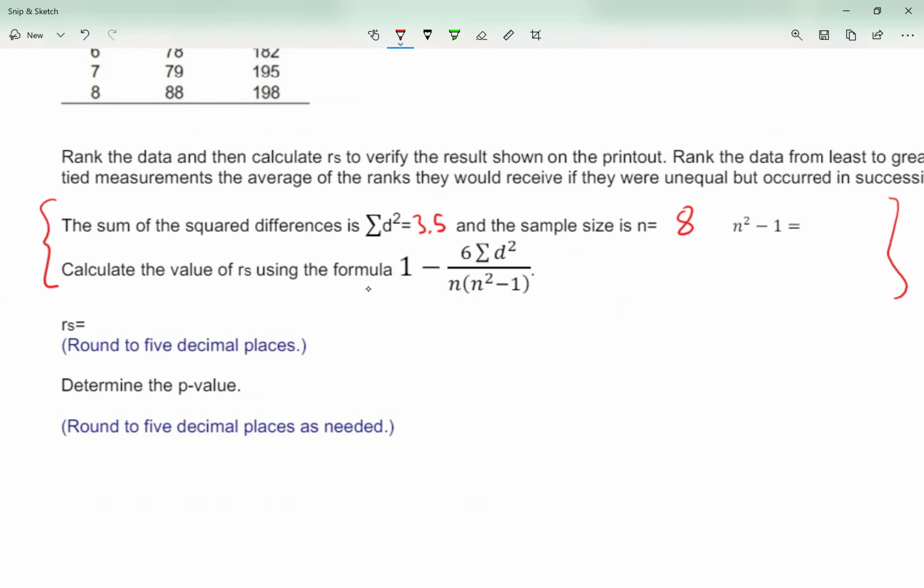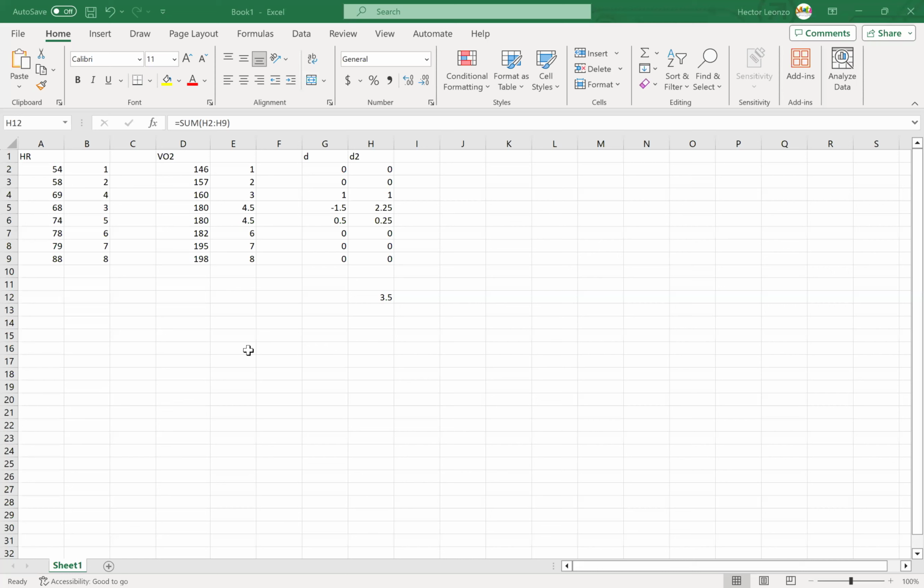Then I'm going to use a calculator. In fact, I'm going to use Excel as my calculator. So I'm going to go equals 1 minus, and I'm going to use parentheses for the top of my fraction.